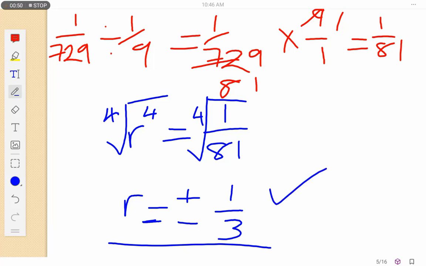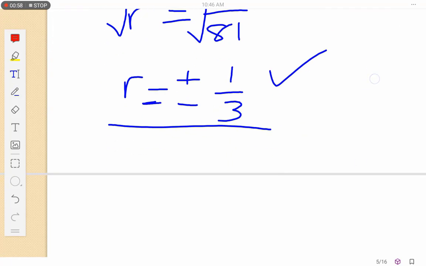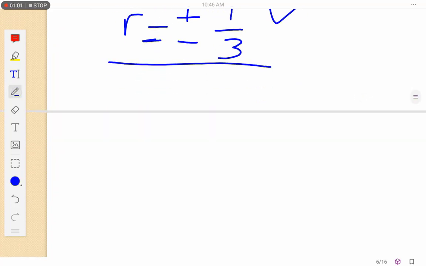At the end of the day, we can go back to our equation number 1. Our equation number 1 was 1 over 9 is equal to a times r, and we now know the value of r. We can substitute and get the value of a.